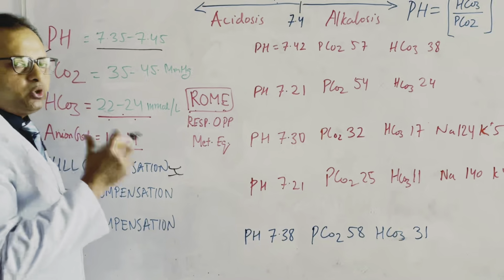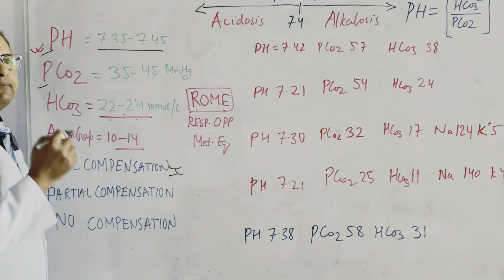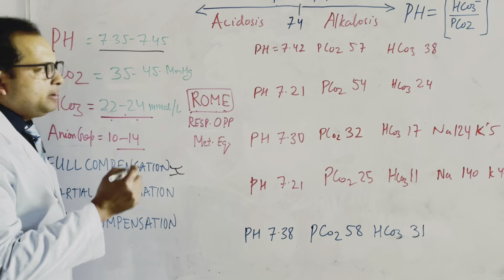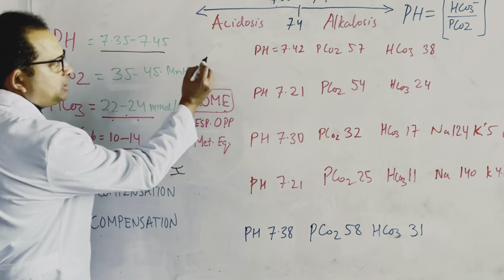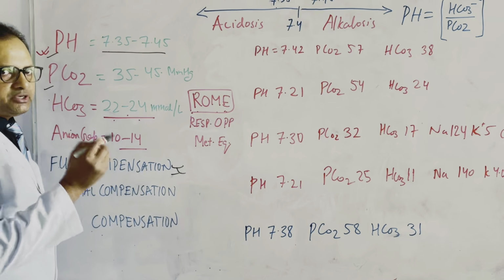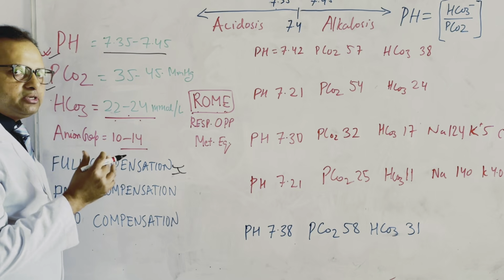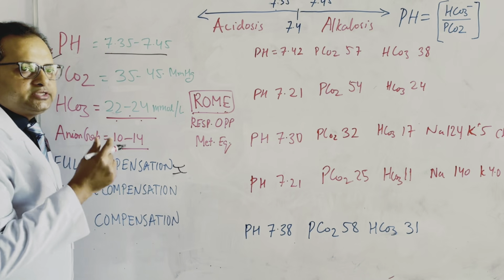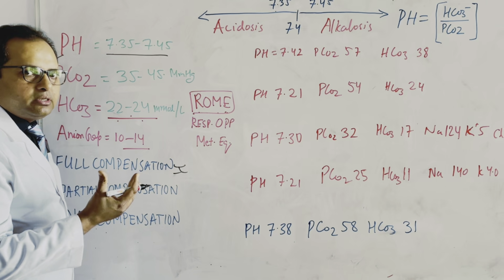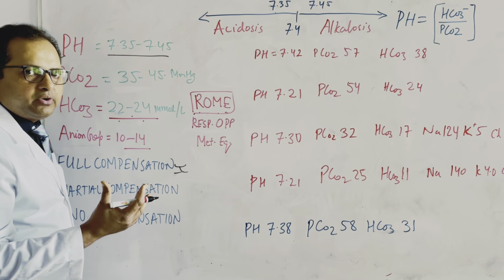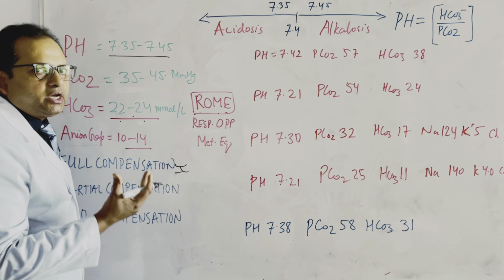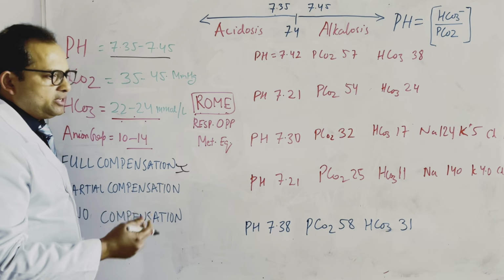Partial compensation is when the compensation is going on, but the pH does not come to the normal range. No compensation means pH is not in the normal range and there is no compensation, either metabolic or respiratory.